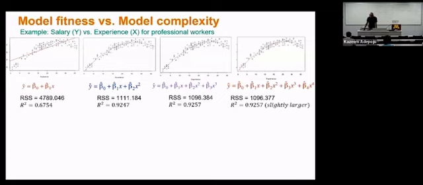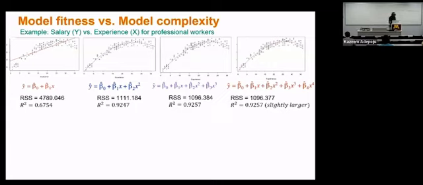Okay, because the module is becoming complex. R square is only adequate for module fitness, but it is not adequate for module complexity. Therefore, the R square needs to be adjusted. And when R square is adjusted, it becomes adjusted R square. Does that make sense to you now?